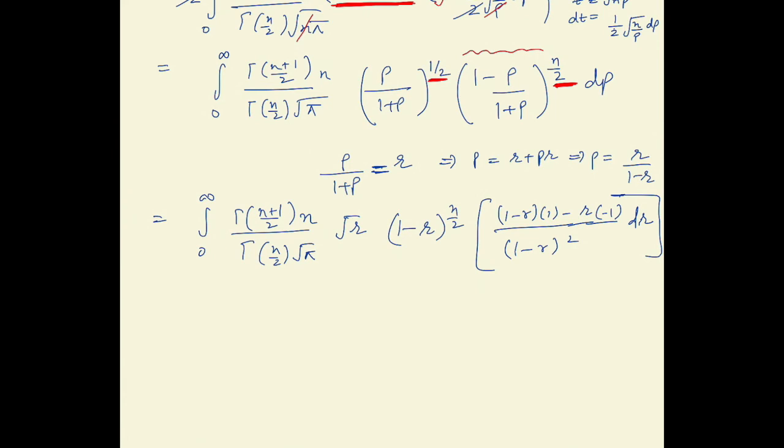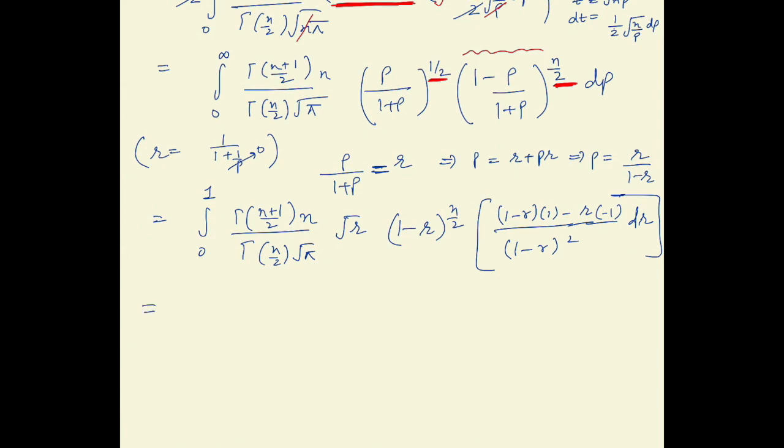Now as p is from 0 to infinity, r is from 0 to 1. So when p is 0, r is 0, but when p is infinity, r would be 1, because r is basically 1 upon 1 plus 1 by p. As p tends to infinity, this tends to 0, so r becomes 1. So these limits change from 0 to 1.